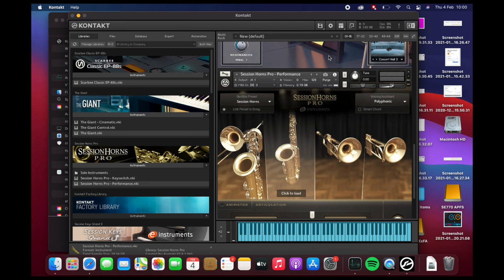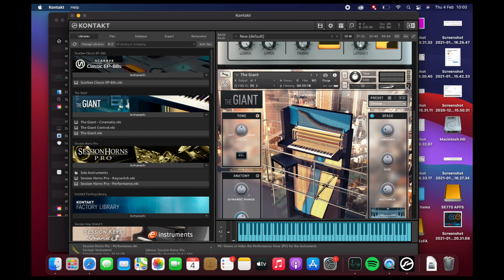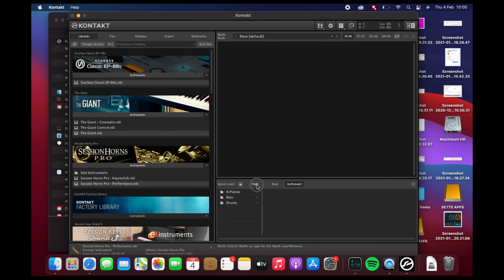Alright, so now let's load a complete instrument with 8 instruments, and for that I have prepared it in the quick load here. So let's open the quick load. I have here a multi, which is benchmark multi. So let's load this.